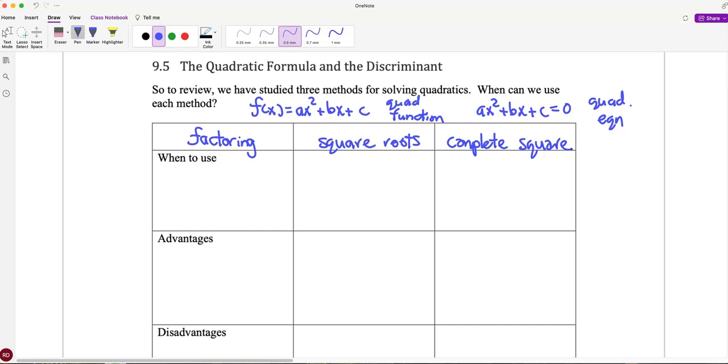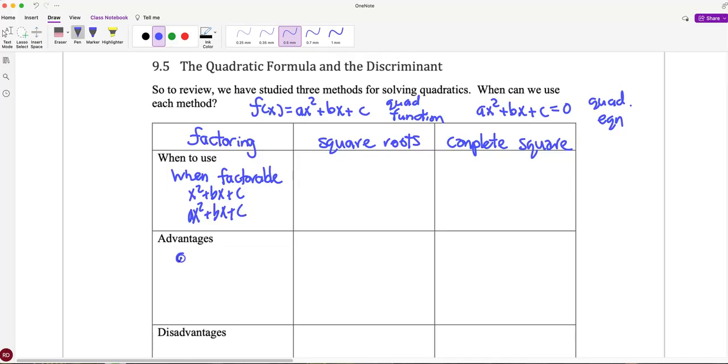Well, it's sort of a duh, when it works, okay? Basically, when it's factorable. So you're looking at x squared plus bx plus c, or ax squared plus bx plus c, and we know how to factor those. So if you can factor it, then that's when you can use factoring.